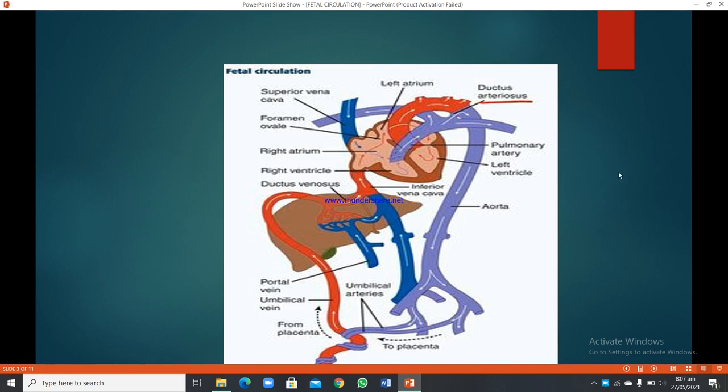You can see in this diagram, from the placenta, the umbilical vein carries the blood and then a part of it goes through the ductus venosus into the inferior vena cava and then the right atrium.